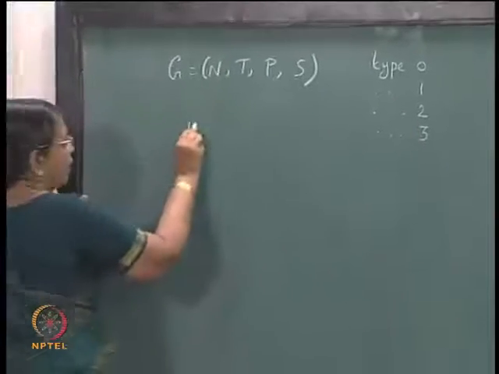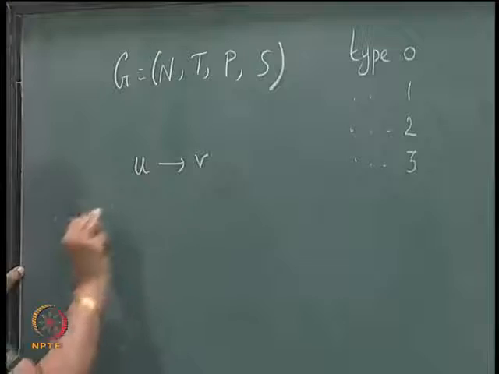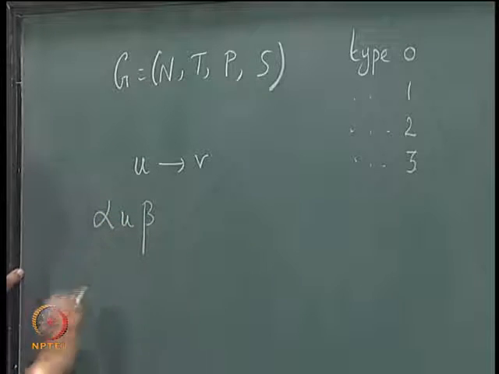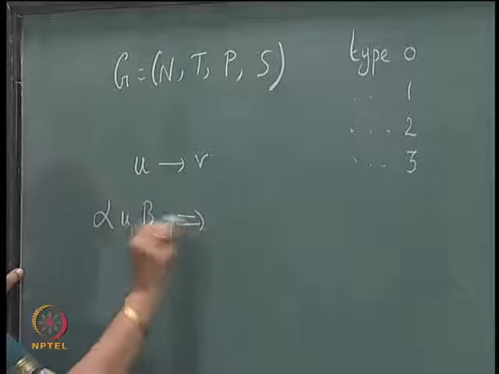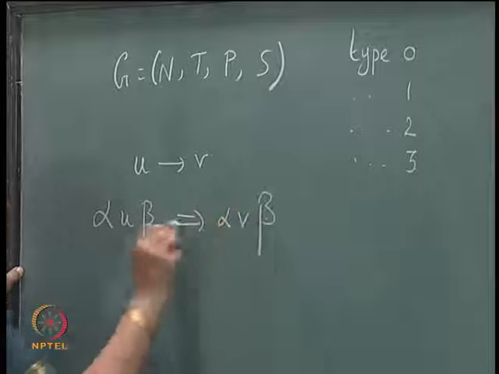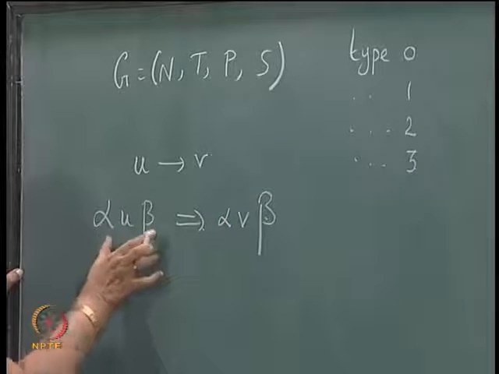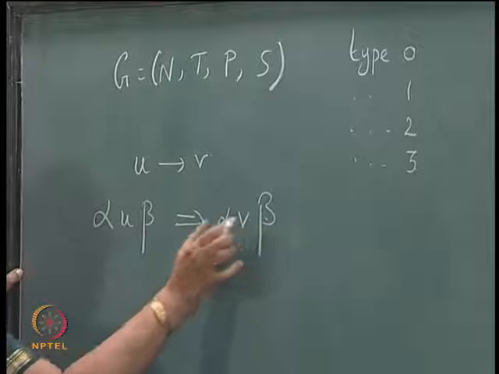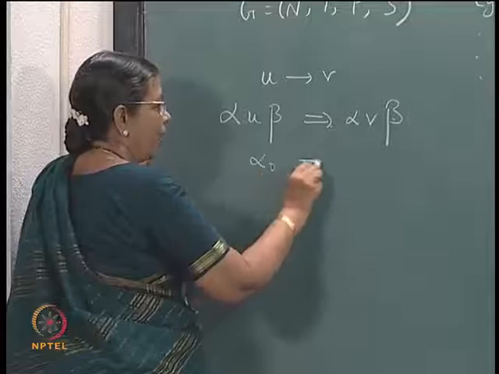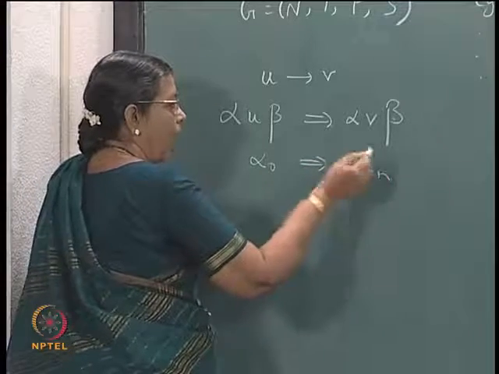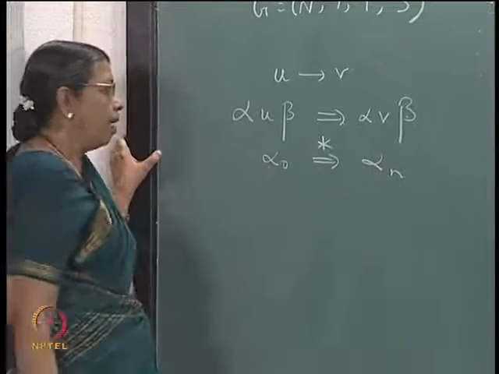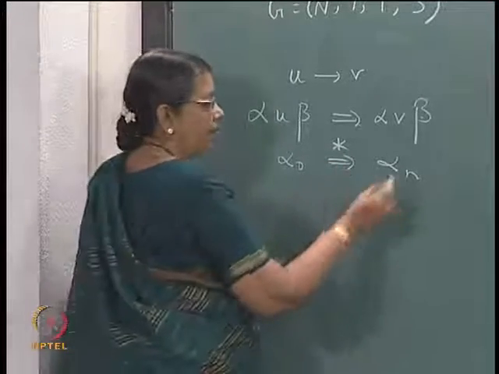If the rule is of the form U goes to V, then the application of a rule means: if you have a sentential form alpha U beta, then you replace U with V, and you get alpha V beta. This means from alpha U beta you directly derive alpha V beta. And if you derive alpha n from alpha naught in n steps, you denote it by alpha naught derives alpha n.